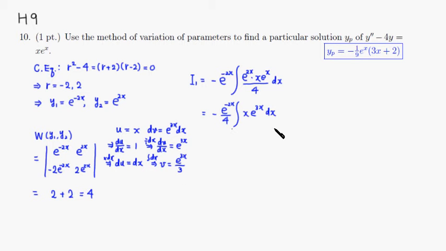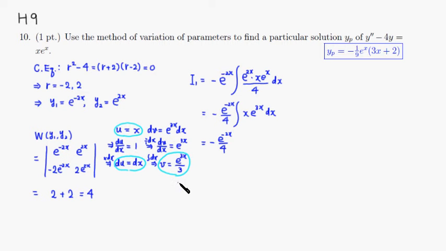So let's do that. We need u, du, and also v. This guy is outside, negative e to the negative 2x over 4.